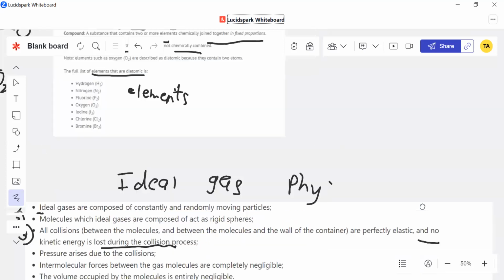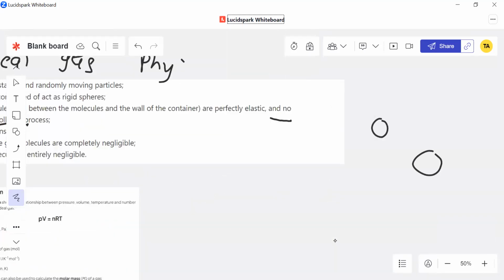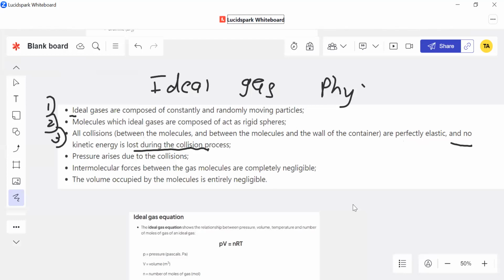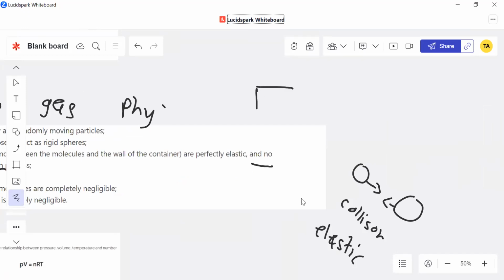What do I mean by this? Simply said, let's say there are two ideal gas molecules. When they collide, the collision is perfectly elastic. So the collision is elastic, and when a collision is elastic, there is no kinetic energy that is lost during the collision. But let's say that instead of ideal gas, I had two cars and they had a collision, right? So when two cars collide with each other, they will stop, right?